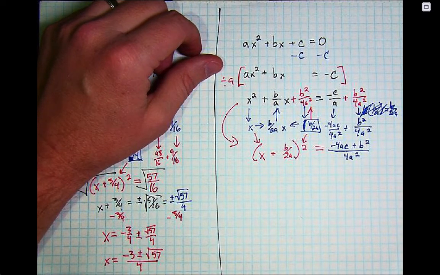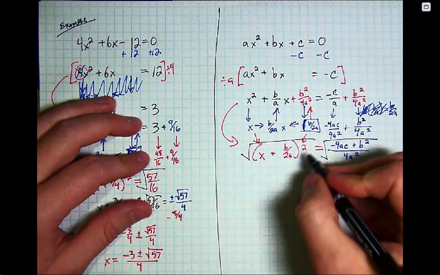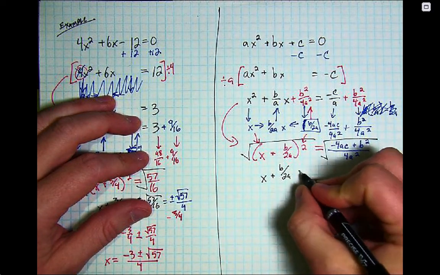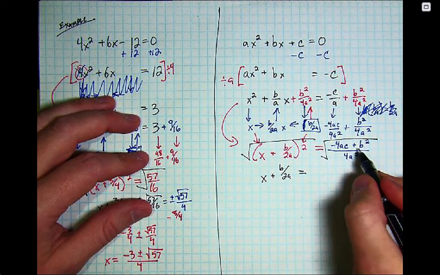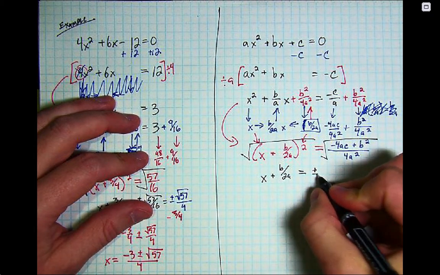Then I'm going to square root both sides. So when I unsquare this, I get x plus b over 2a equals the square root of this. Now, can't forget the plus or minus, okay?